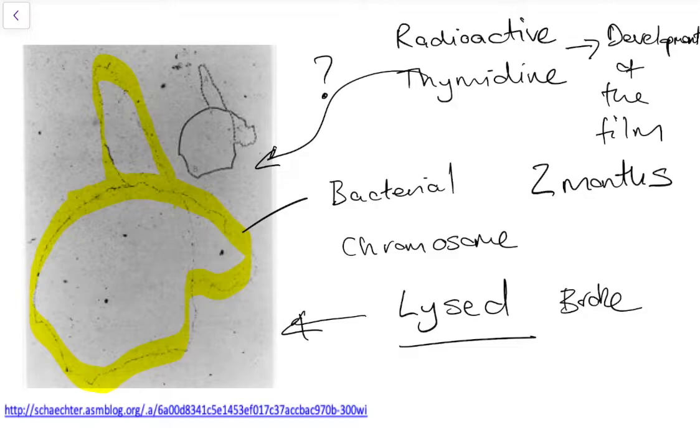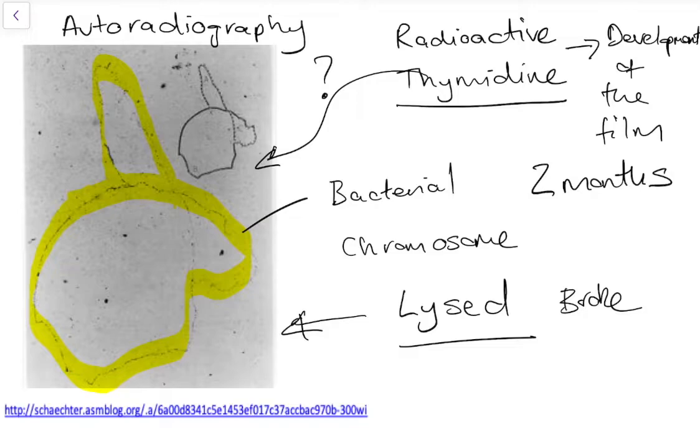It wasn't like quick photography film. Over 2 months, the radioactive thymidine gave out radiation which developed the film, and then they produced this. And this technique is called autoradiography. It's the idea of radioactivity and photography together.